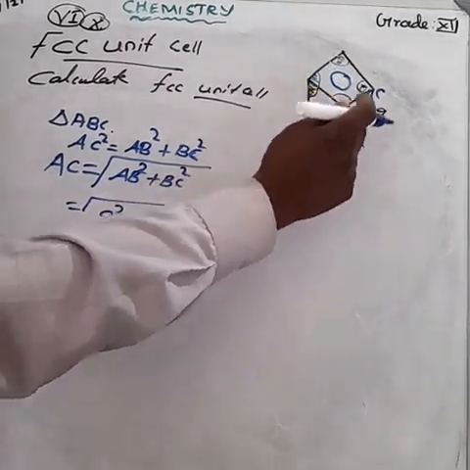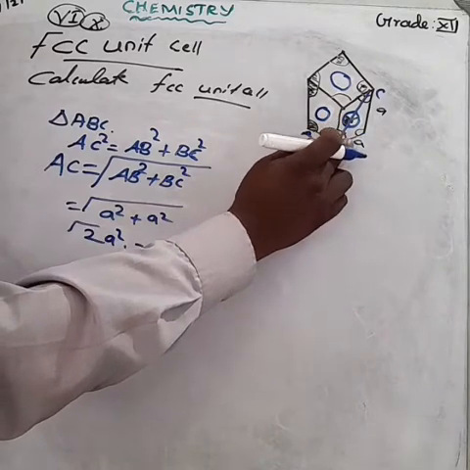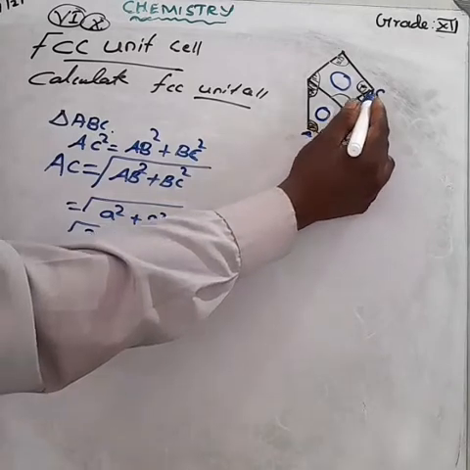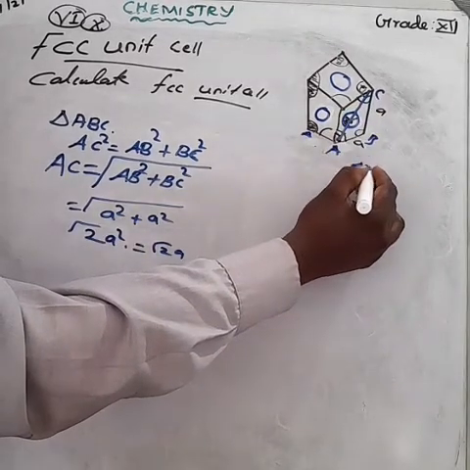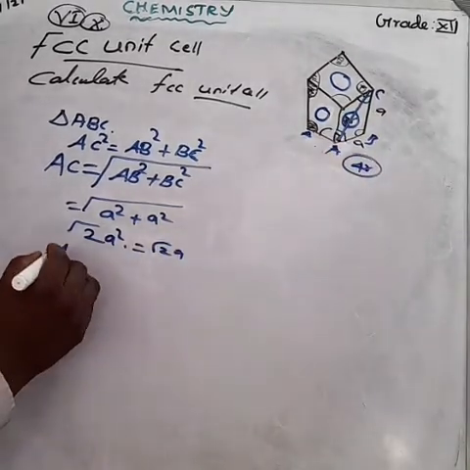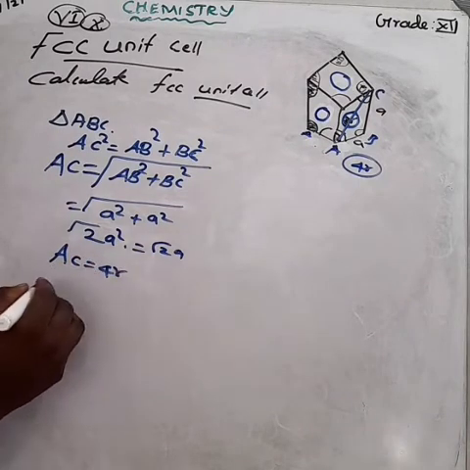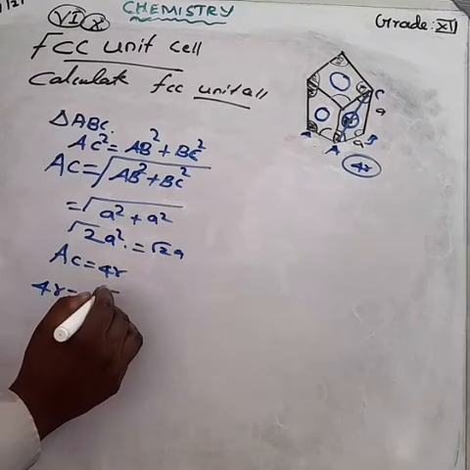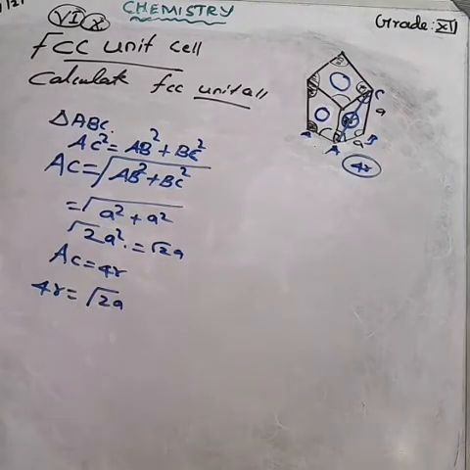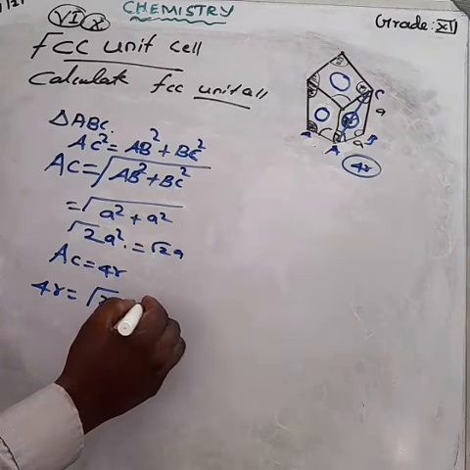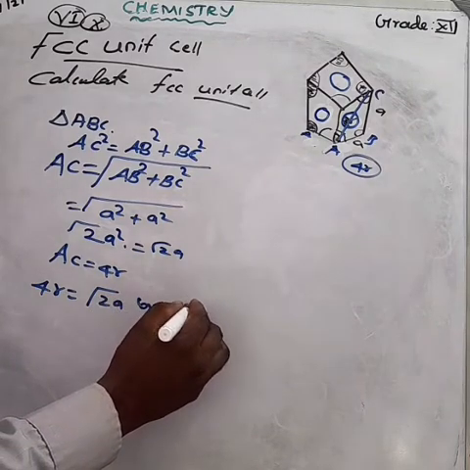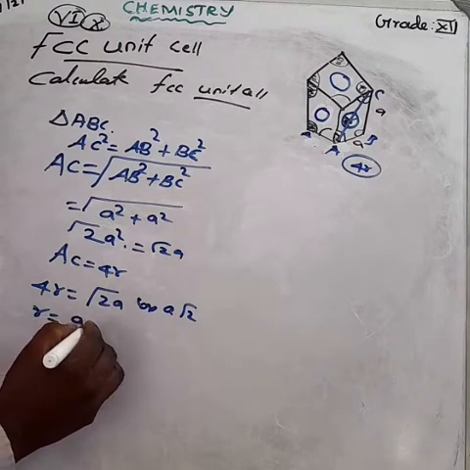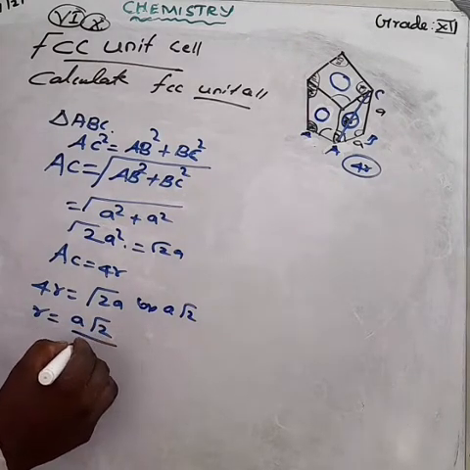AC, how much radius? 4 radius: here 2r, here r, so 4r. 4r is equal to the AC value. Now the value of AC is root 2 a, am I right? Otherwise we can write a into root 2. So what is r? r is equal to a into root 2 divided by 4.